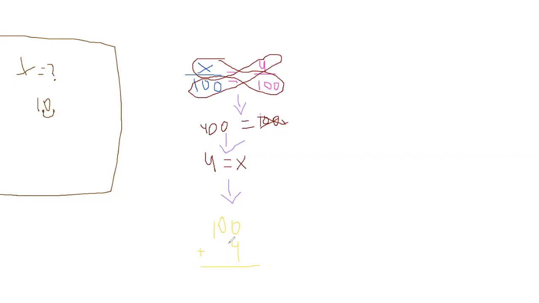So what's 0 plus 4? 4. What's 0 plus nothing? 0. Exactly. What's 1 plus 0? 1. Good job. So our answer is 401.